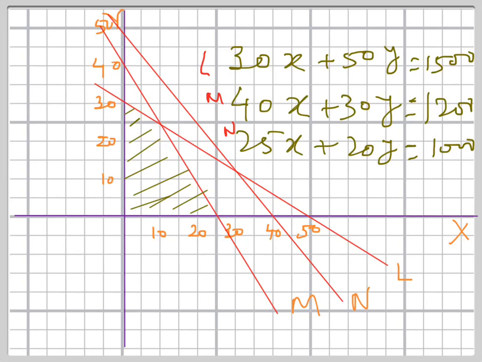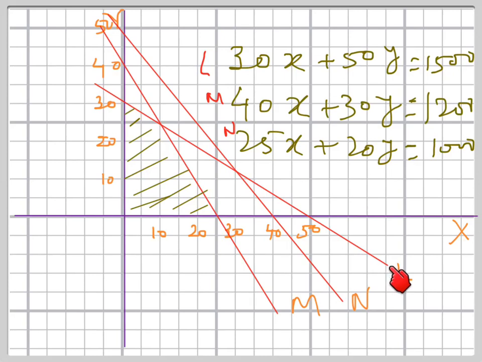Now, since the constraints are less than equal to type, we will see which side of the line gives us less than. All the points which are lying on the line will give us 30x plus 50y exactly equal to 1500.